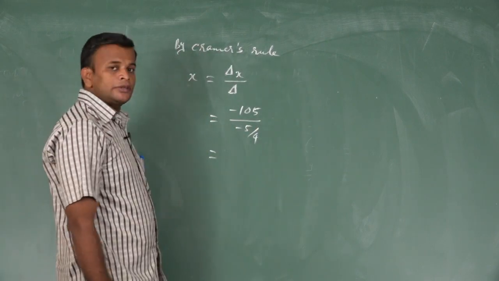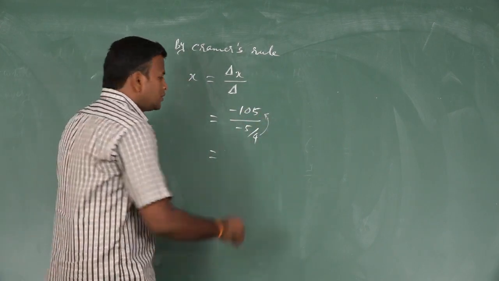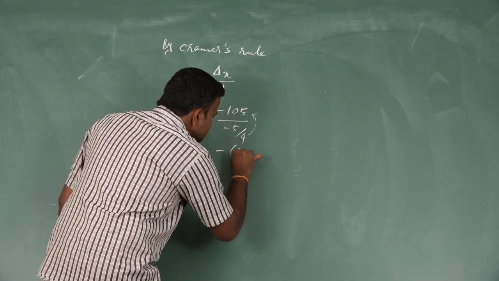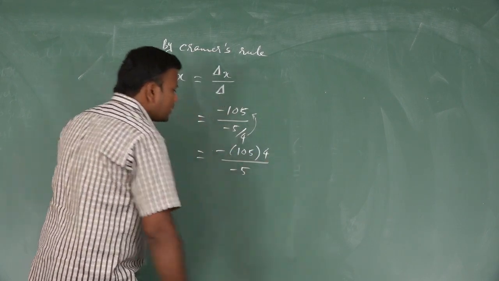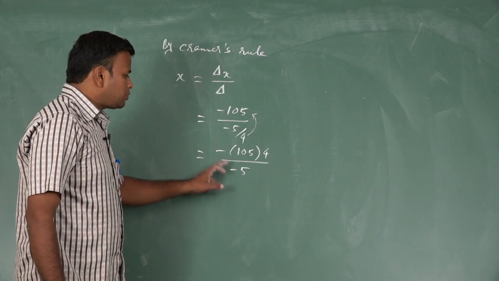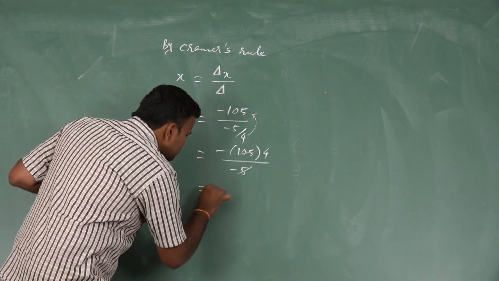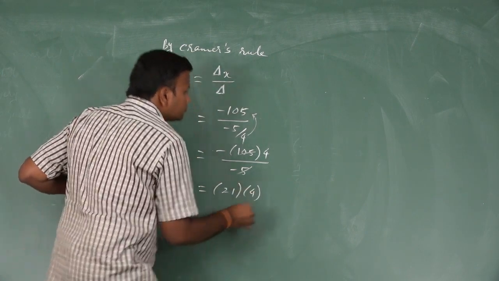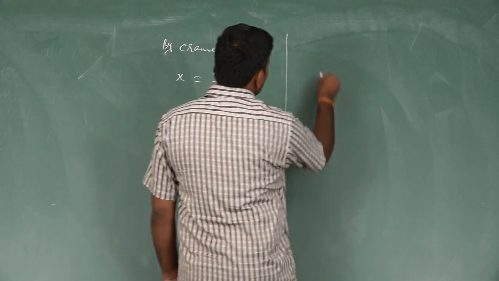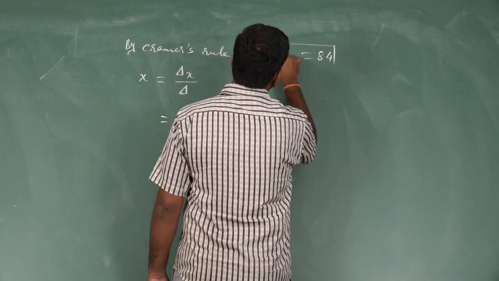Now we simplify this. This 4 goes to the numerator: minus 105 into 4 divided by minus 5. Minus by minus is plus. We cancel in the fifth table, we get 21, and 21 into 4. So the value of x is equal to 84.